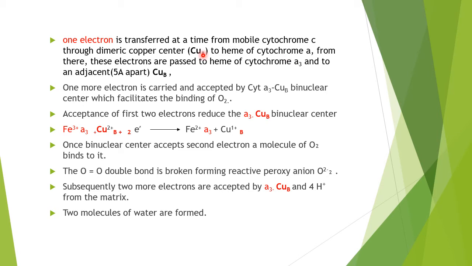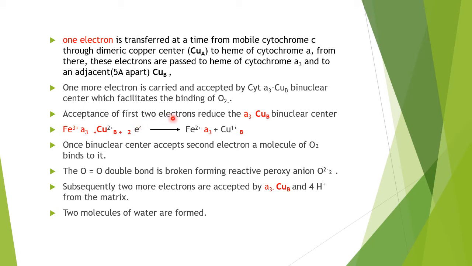It will be passed on to copper A, and from there these electrons are passed to the heme of cytochrome a3 because it's in the vicinity, and to the adjacent copper B, which is 5 angstrom apart. So the pair of electrons will be taken by this. One more electron is accepted by cytochrome a3, CuB, the binuclear center, which facilitates the binding of oxygen.